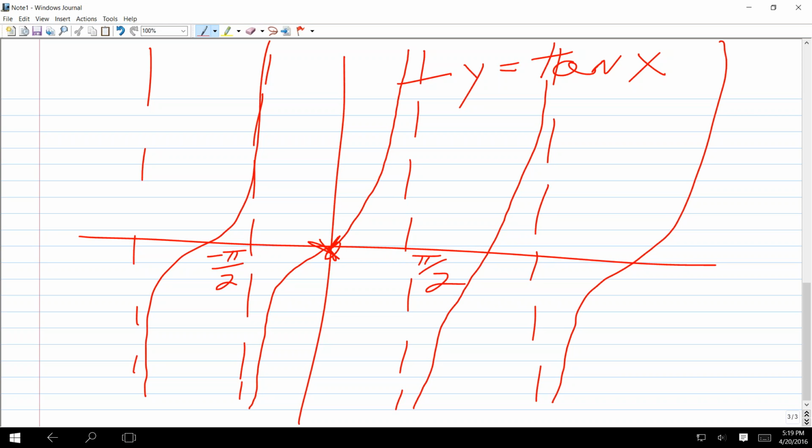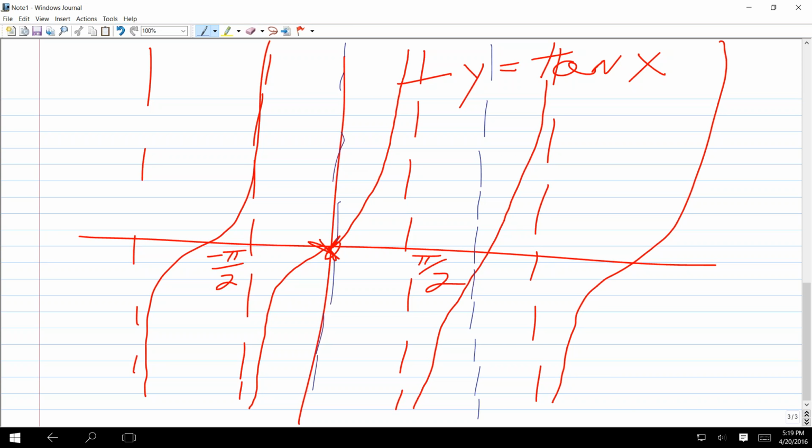Right. And the difference between the tangent and the cotangent. The tangent, notice, goes from minus pi over 2 to pi over 2. Well, the cotangent has its own vertical asymptotes because it's equal to cosine over sine, so whenever sine is 0, it's going to be undefined.